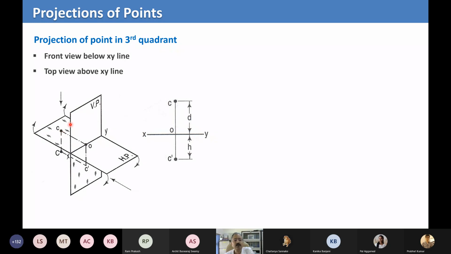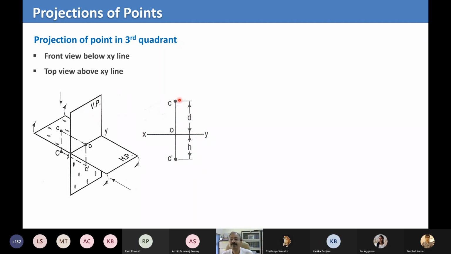So c is coming this way, coming above, and your c dash anyway was on the vertical plane, which was below. So now c is on the top. In the third quadrant, this is how it was, if you remember our third angle projection. The small c, which is the top view, is coming on the top, and c dash, which is the front view, is coming below the top view.